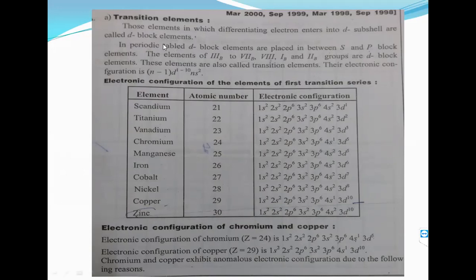So those elements in which the differentiating electron enters into the D subshell are called D block elements.